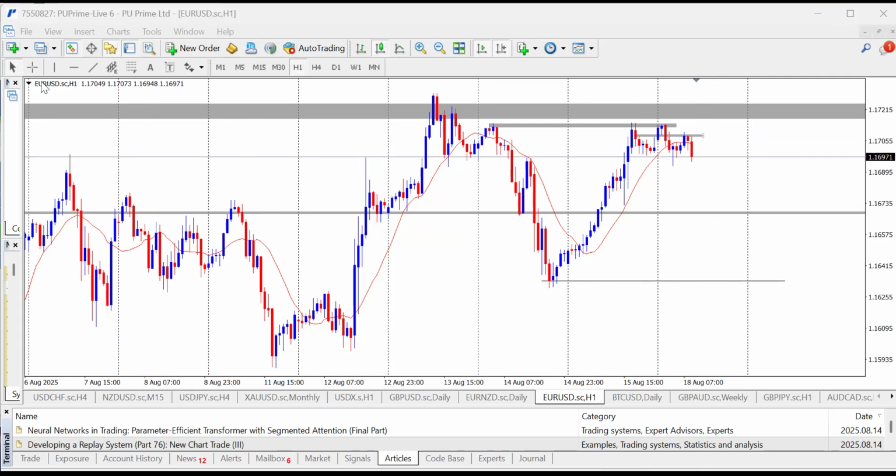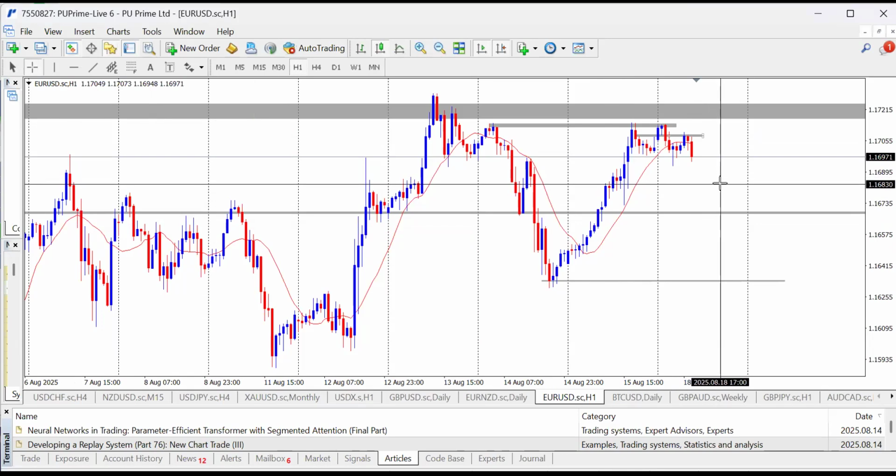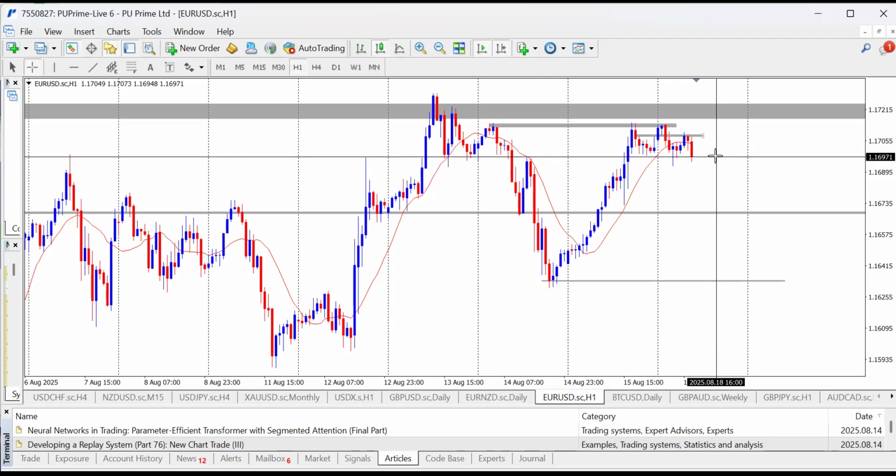TP1. Let me put TP1 here, 1.16830. TP2, 1.16575.